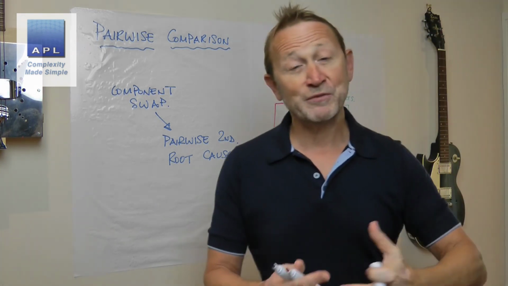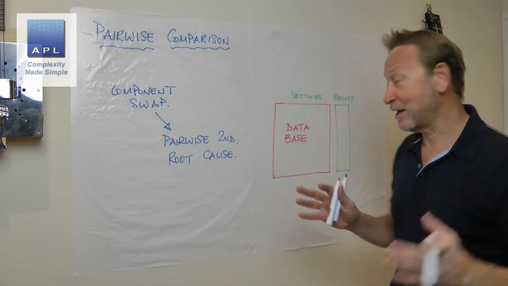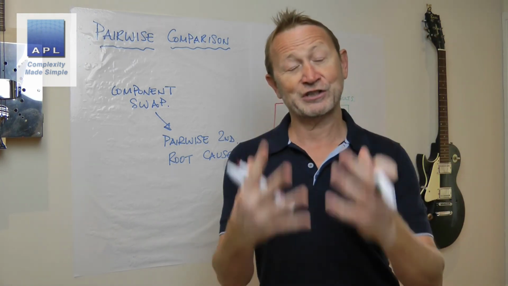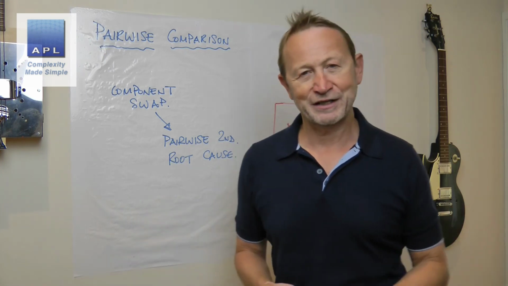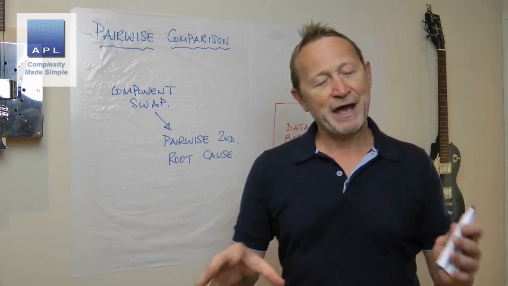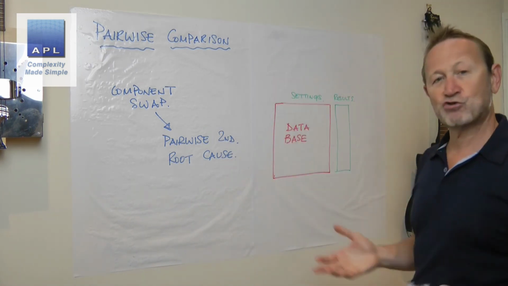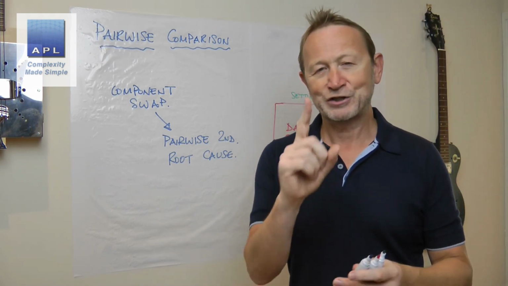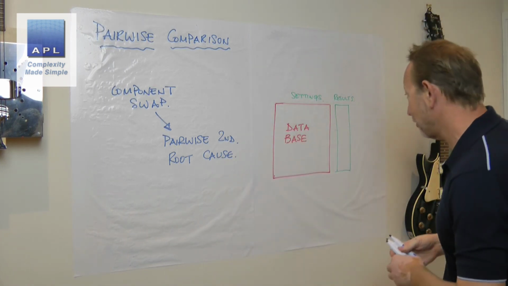And you're being promised by the big data analysis people that somehow you're going to be able to do this wonderful data analysis, and you're going to learn something that you haven't been able to learn in the last 20 years of running your plant. Now you can use pairwise in this situation. Instead of just taking all the data and trying to analyze the crap out of 10,000 data points, you can do something a little bit smarter than that, which is a pairwise comparison.